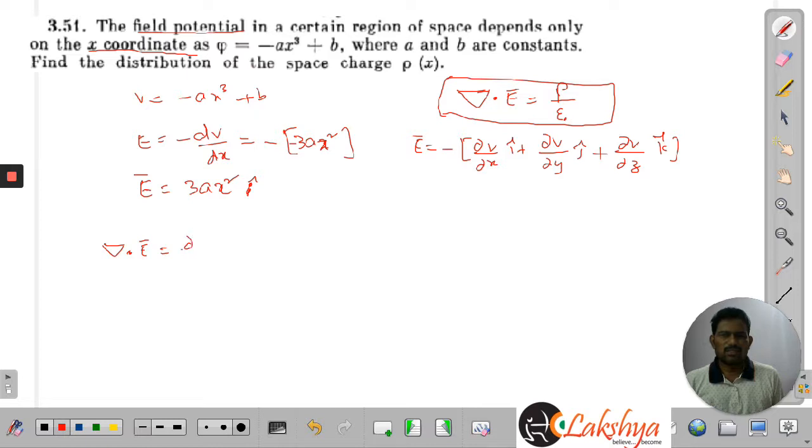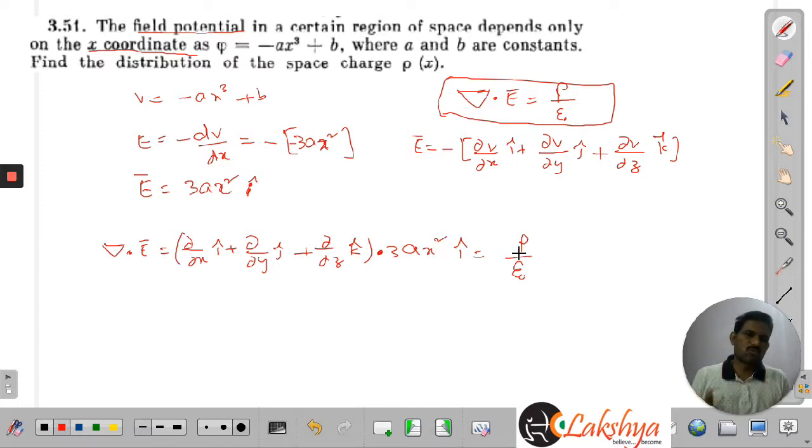As I said, this del is nothing but dou by dou x of i cap plus dou by dou y of j cap plus dou by dou z of k cap. So this is our del dot. Now our E bar is nothing but 3a x square i cap, and this is equal to rho by epsilon naught, where rho is the volume charge density. Got it? Now just do the dot product.